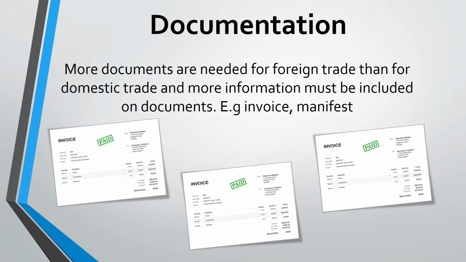I will also need a bill of lading. That's another bill that shows ownership of the goods that are being transferred via sea transport. I will need documentary bills. I will need a pro forma invoice. So you're going to learn more about documentation in the next lesson. But just know, for foreign trade, more documents and more information is needed.